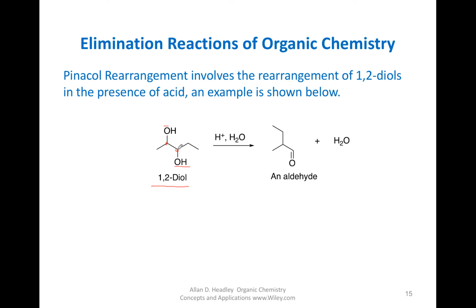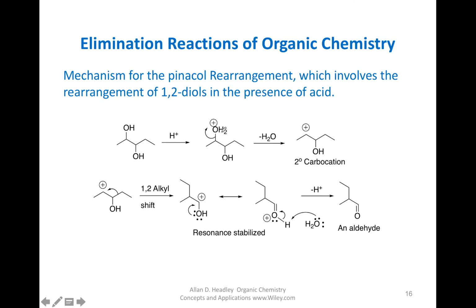Let us see if we can apply the concepts and knowledge that we have just learned to predict the product that's formed if we put the 1,2-diol in an acid and water as a solvent and heat. As you expect, water is a base, so you'd expect this to react with the proton, converting it to a good leaving group, and something happens. So let's look at the next slide to see what happens.